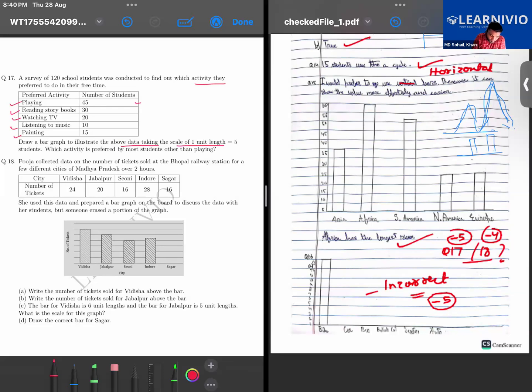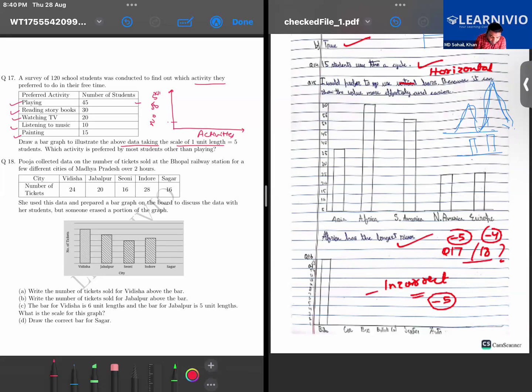So you'll be drawing vertical and horizontal lines like this. On the horizontal line, you are going to write down the different types of activities. And here we are going to write down the number of students. You have to take 1 unit length equal to 5.